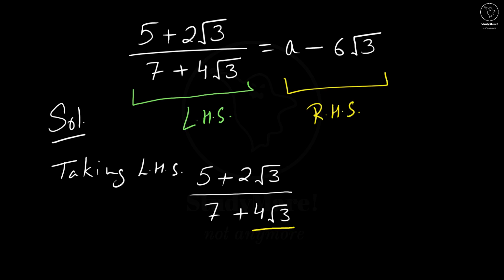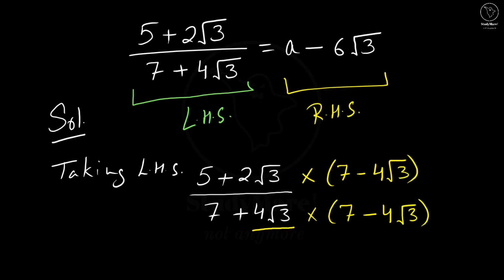So what will be the rationalization factor? It is simple. The rationalization factor in this case will be the first term 7, then minus 4 root 3. Since we cannot change the value of the fraction as a whole, we multiply this in the numerator as well. That is 7 minus 4 into root 3.